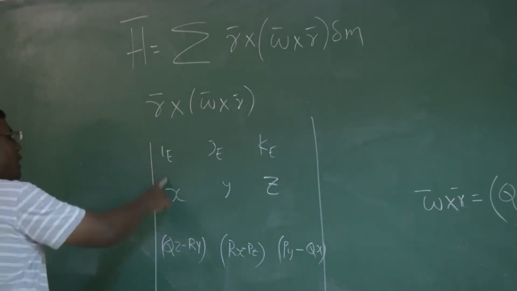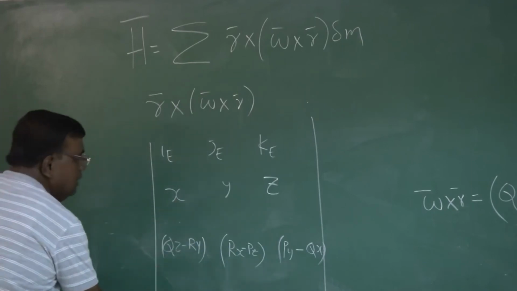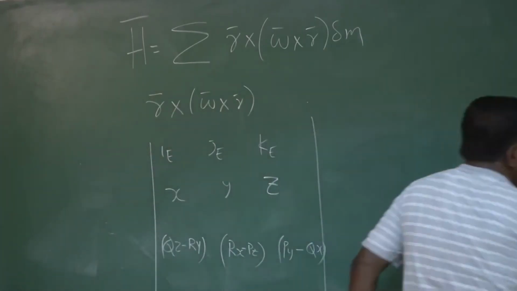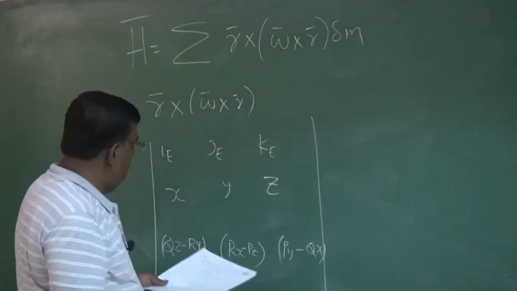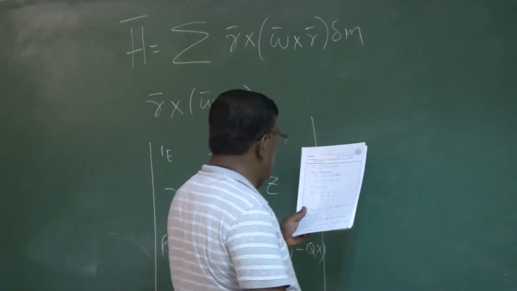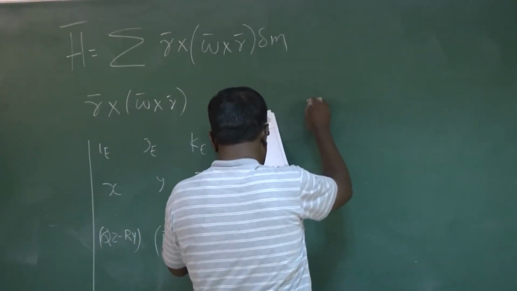Again, mechanically you do Ie into this, this minus this, so you will get a simple vector multiplication.